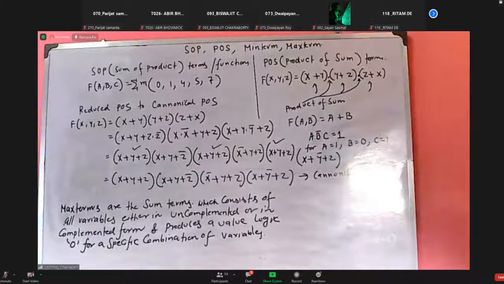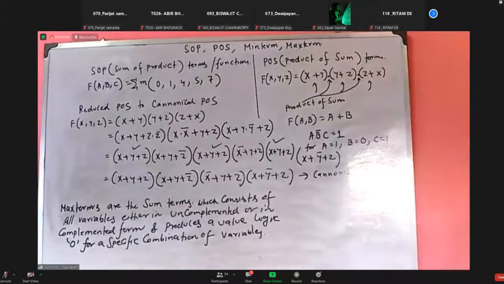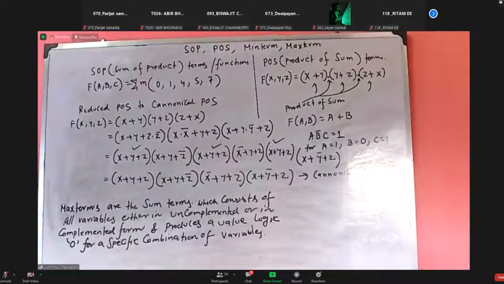So max terms are the sum terms which consist of all the variables either in complemented or uncomplemented form and produce a value logic 0 for a specific combination of the variables.